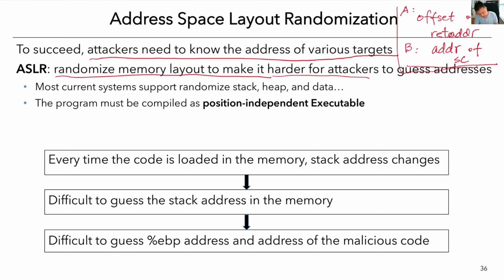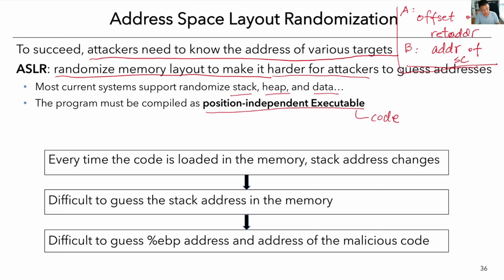Most current systems support randomizing the stack, the heap, and the data section. To randomize the code section, your program must be compiled as a position-independent executable.